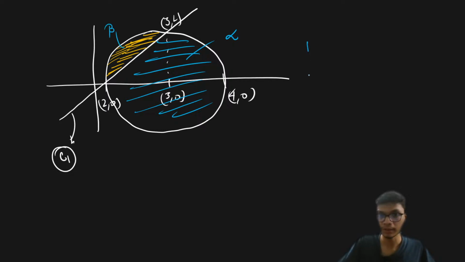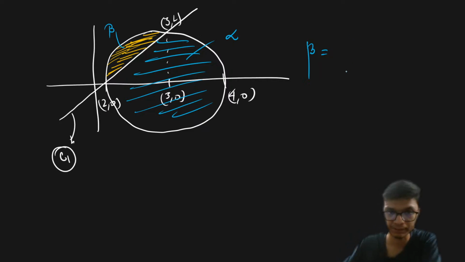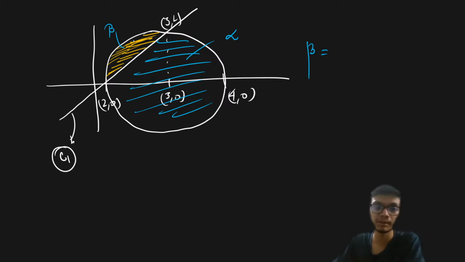From here, I can find beta simply by integration. You can go for the area under the curve by integration from the x limit 2 to 3, of the difference of these two curves.